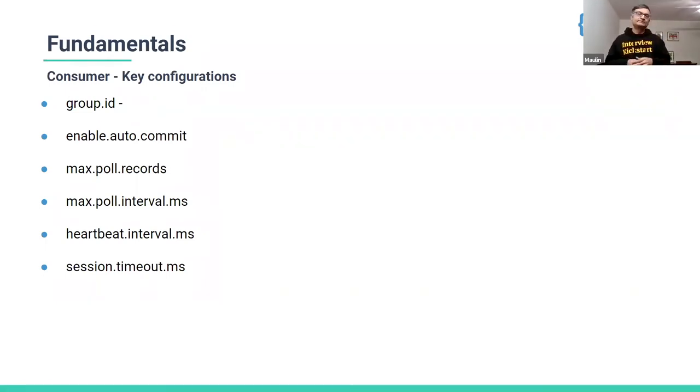And session timeout is basically on the broker side. It will say that, hey, if this consumer has a session timeout of 10 seconds, and within those 10 seconds any of the consumers do not respond with a heartbeat, I'm going to consider those members dead, and then I will start rebalancing. So these are key configurations that you must understand well.